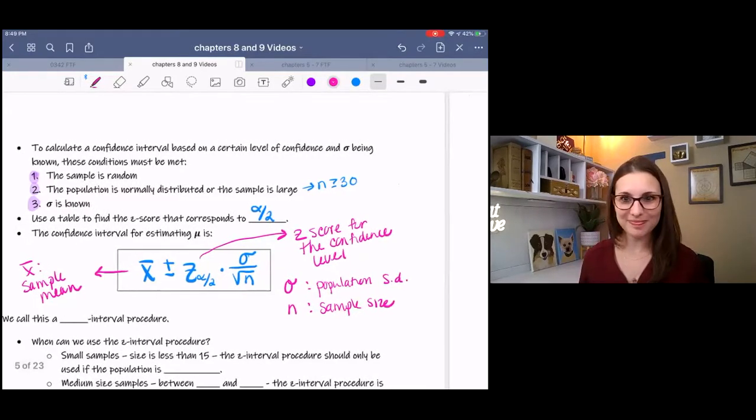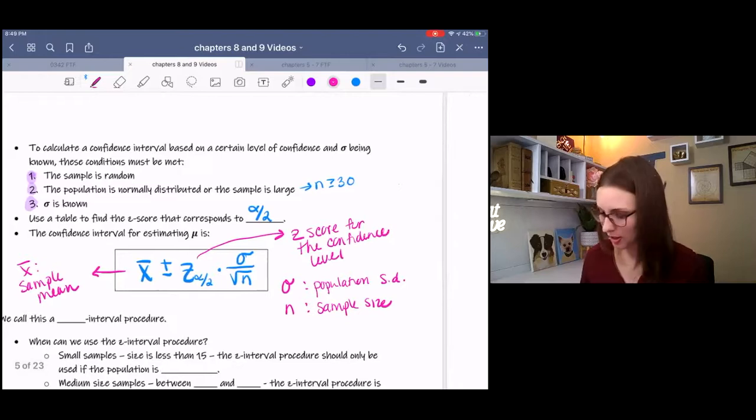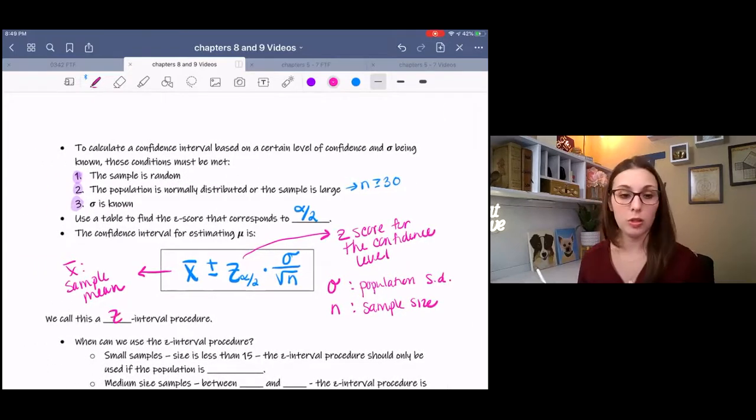We're out of room. So if you can find each little piece, then computing the confidence interval is not hard. We also call this the z-interval procedure because it has a z-score.